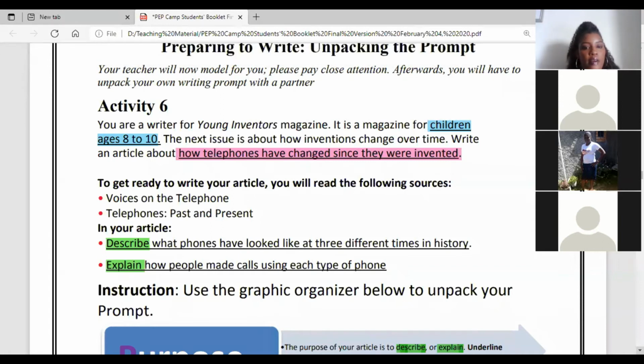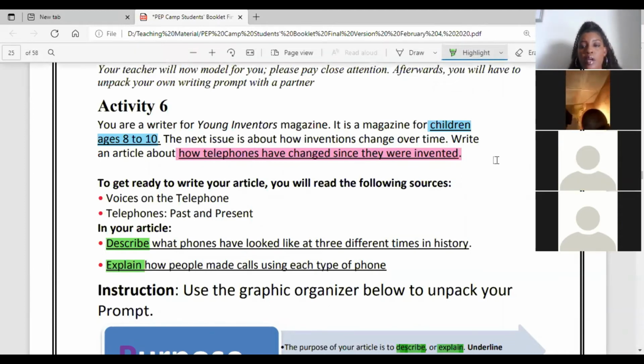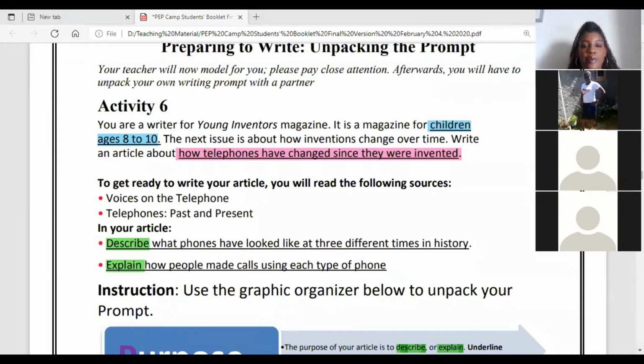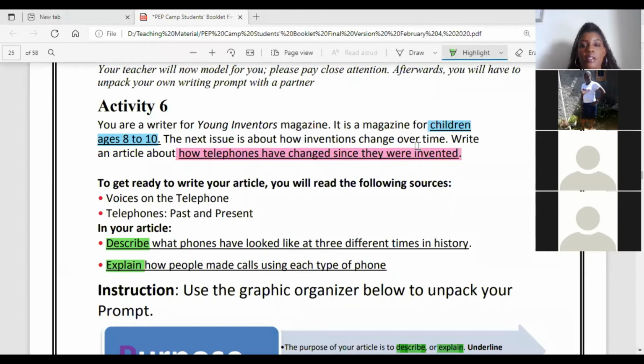For those of you who are just joining, I see that some of you joined a little bit later. I'm Miss Bowen, and what we're doing in this session is unpacking the prompt. We have these weekly sessions, and these are performance task preparation sessions from September to October. So we're at our 4th week, and we're looking at the pre-writing strategy to unpack the prompt.